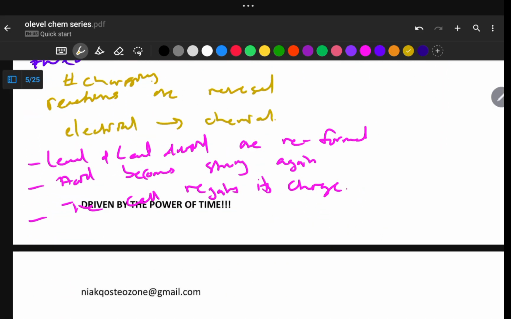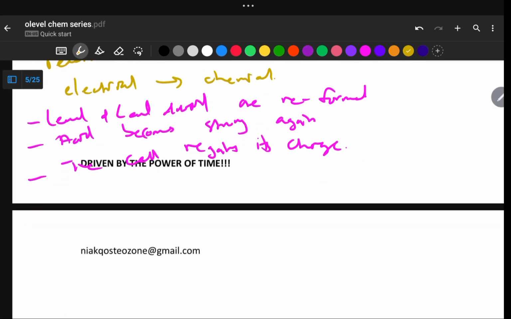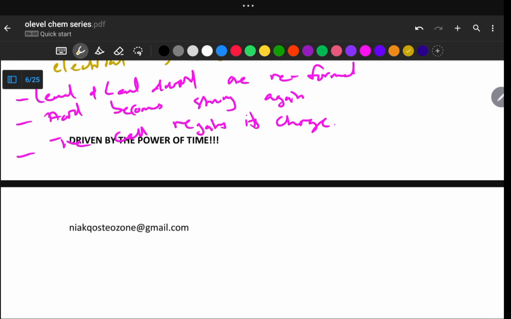So charging is one and the same thing with the electrolytic cell, meaning to say the electrode connected to the positive terminal will become the anode, and the electrode connected to the negative terminal is our cathode, right? So this is when we are charging the battery.